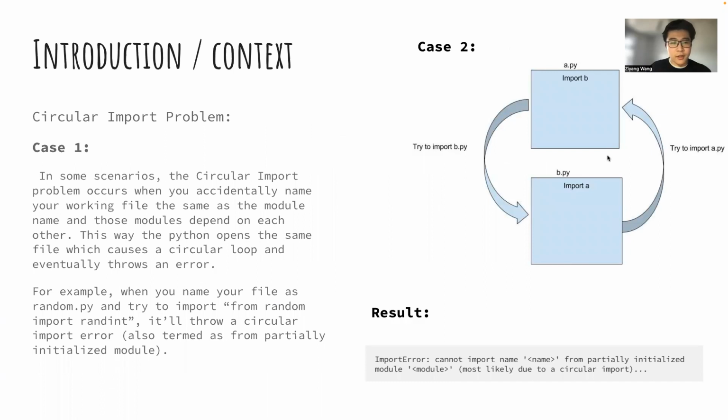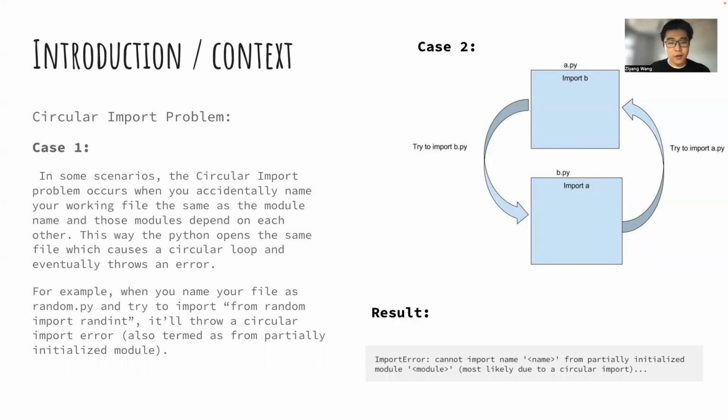One of the most important applications of topological sort is using it to solve the circular import problem. There are two cases of the circular import problem. The first, in most scenarios, occurs when the programmer accidentally names their working file the same as the module name, and those modules depend on each other.